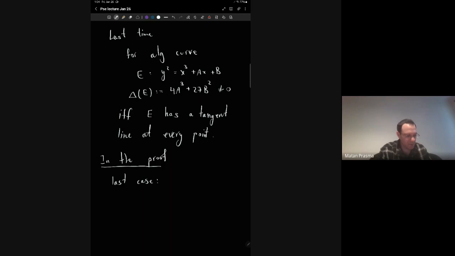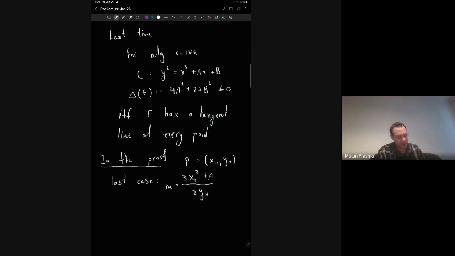If P is (x0, y0), then the slope of the tangent line is (3x0 squared plus a) over 2y0. This is m.